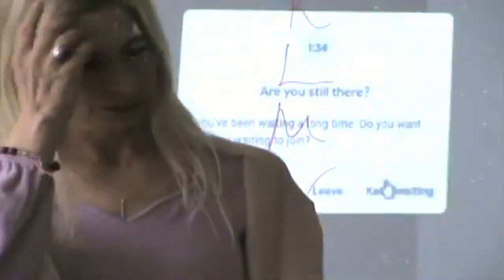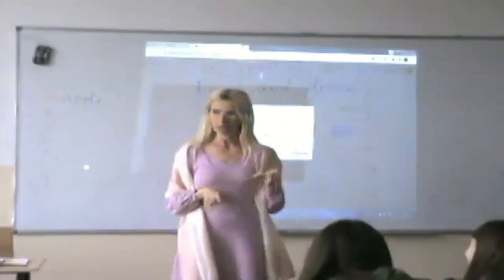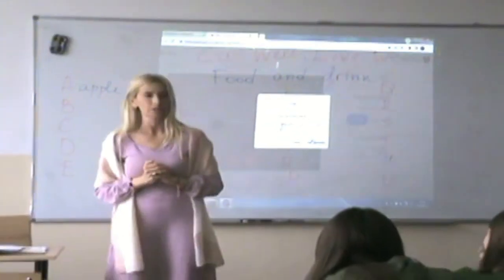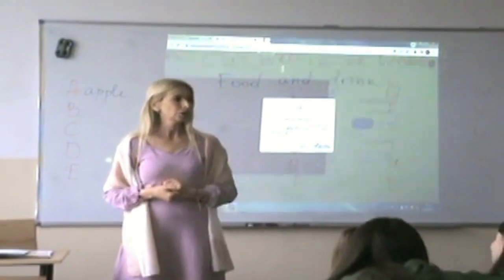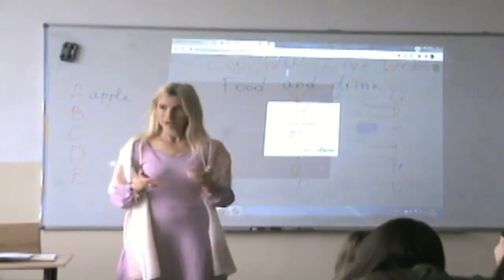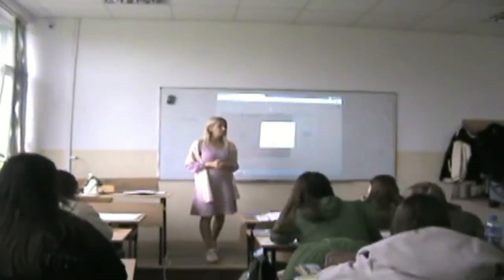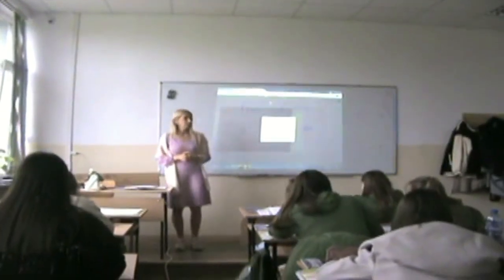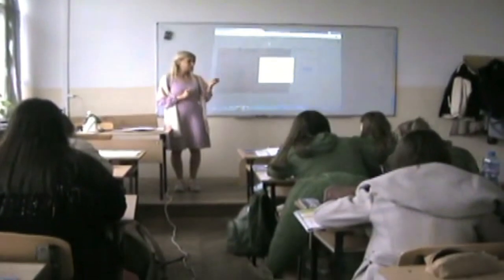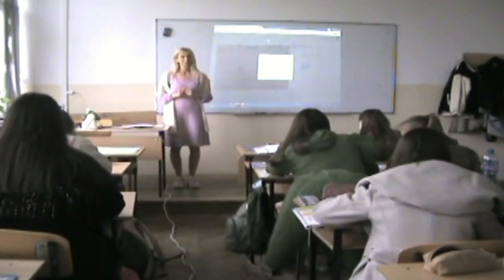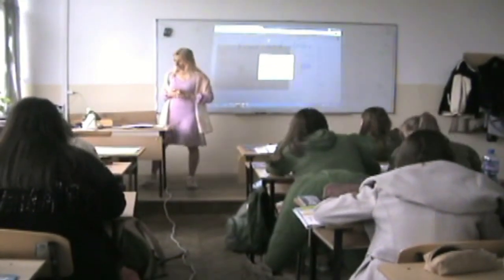You can look in your students' books. You can read the words in your students' books. You can use your mobiles and search in Google, find words which mean food and drink, the popular English words.